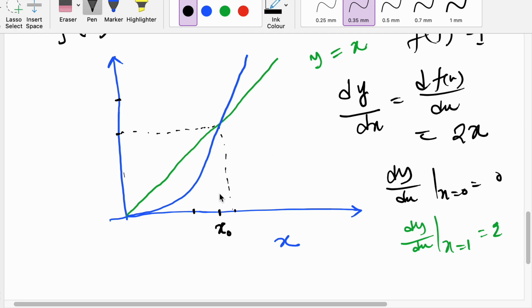So this is x0. Now I have to draw the cobweb diagram. Let's begin the first process. I have to draw a vertical line from here. Suppose it will hit here.